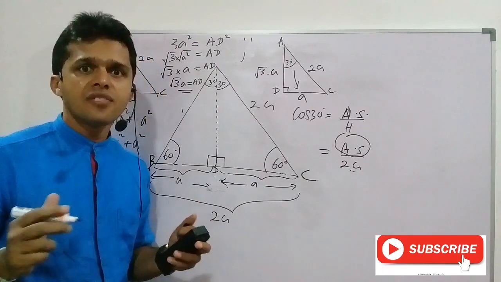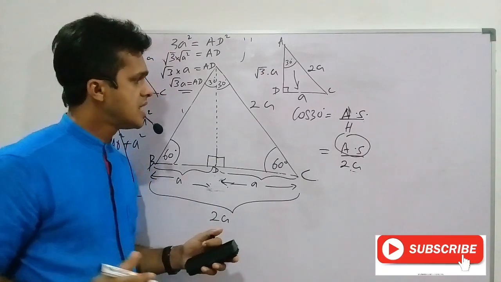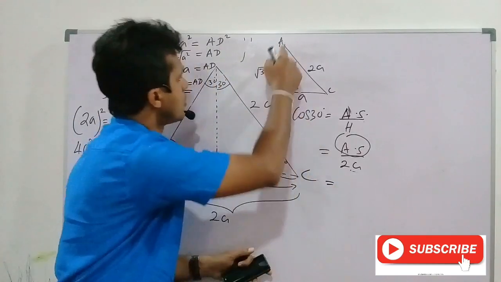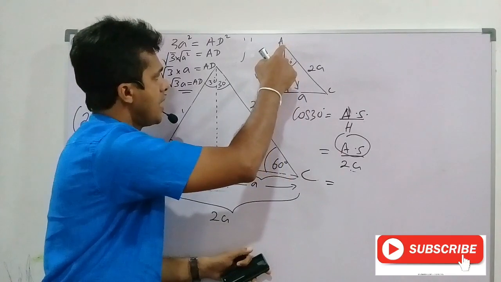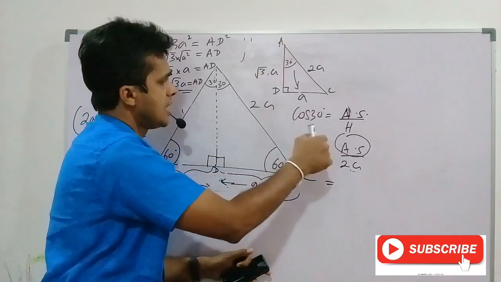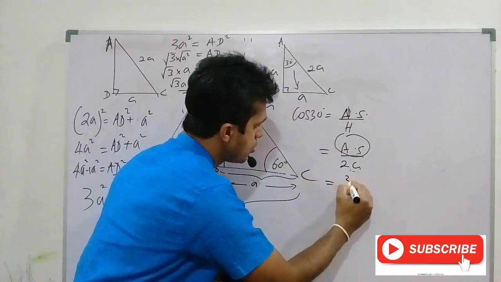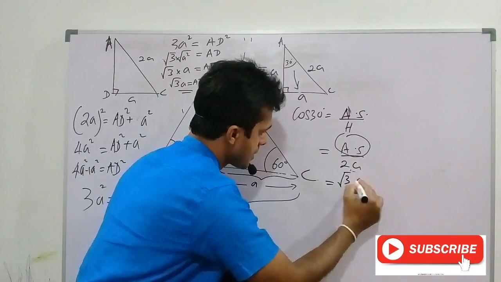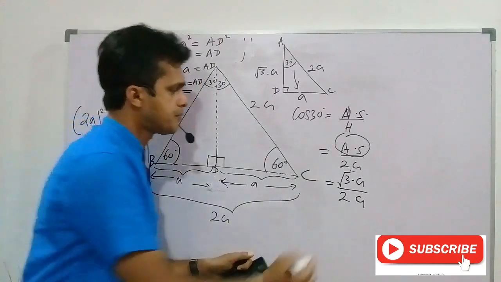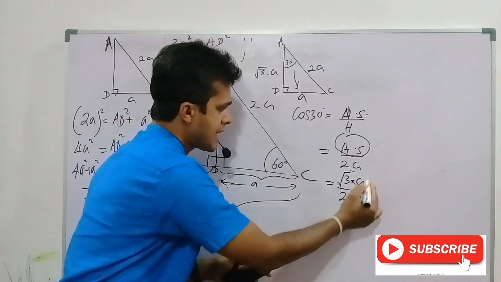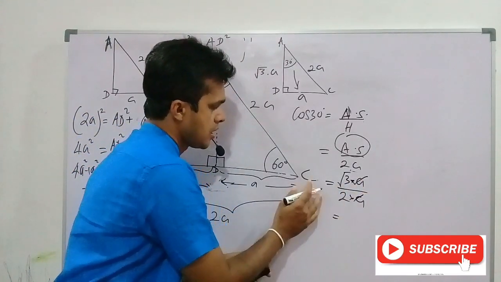So AS equals root 3a over 2a. Now a and a can be cancelled out.